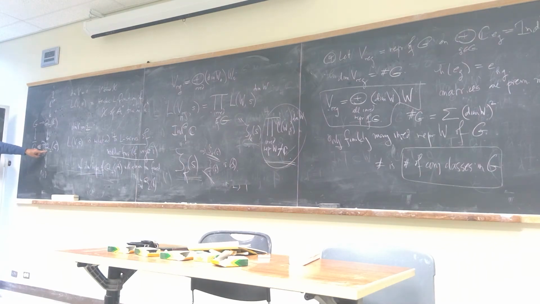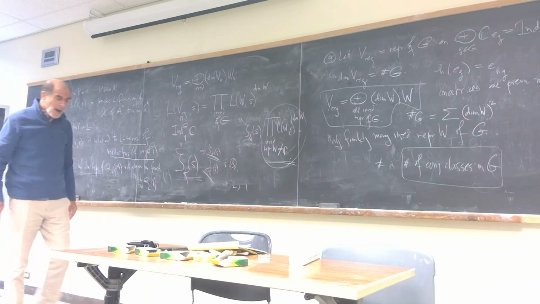But we know all the finite subgroups of PGL2 of C, because the maximal compact subgroup of PGL2 of C, which contains all finite groups, is SO3. And the positive definite SO3 of R has the finite subgroups that stabilize regular polygons and polyhedra.